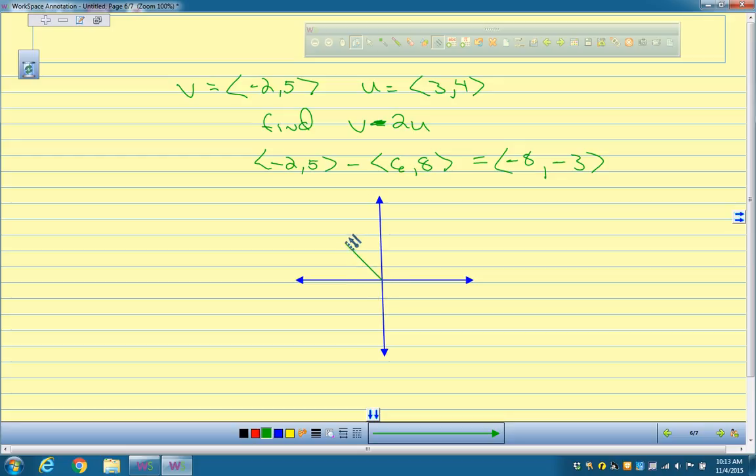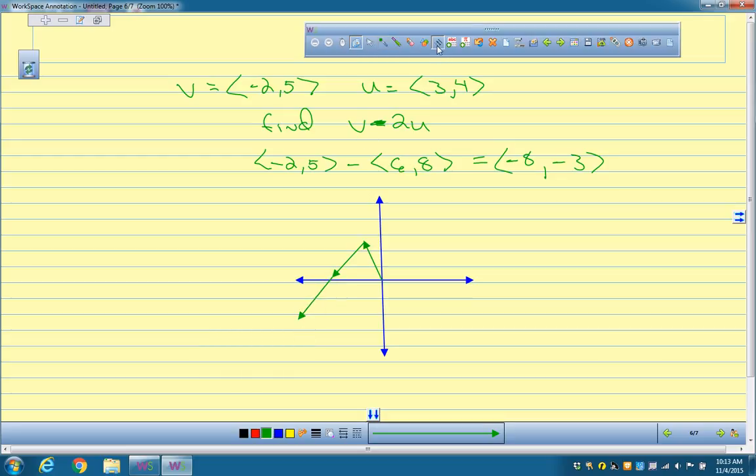So say this is v. And then I'm going to subtract 2u. So 2u would normally go over 3 and up 4. So instead I'm going to go back 3 and down 4, but I'm going to do that twice, right?